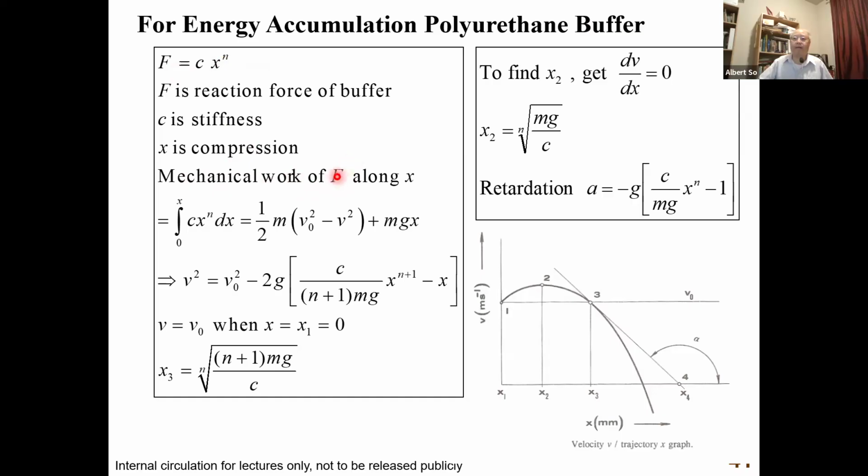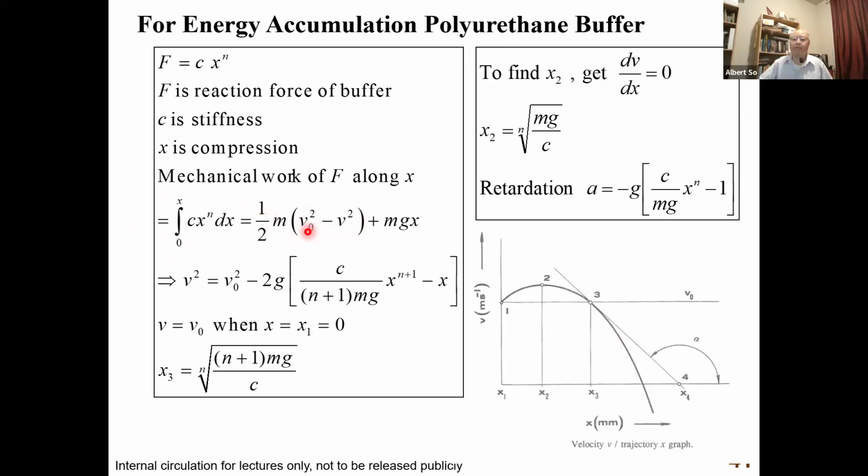Now, the mechanical force acting along X onto the buffer is dissipated by the formula force times distance, integrating from 0 to X. This is the energy stored by the buffer, and this energy should be equal to the loss in mechanical kinetic energy.